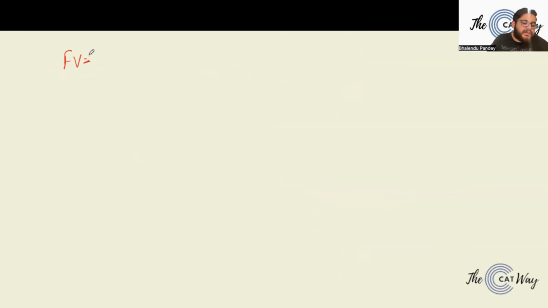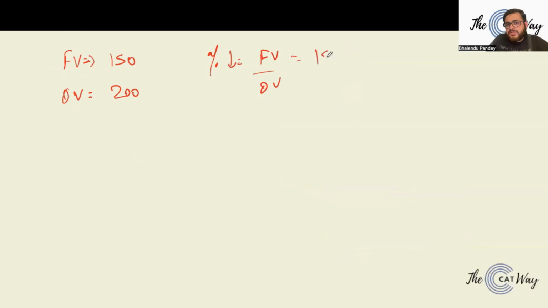Let's say my final value is equal to 150 and my original value is equal to 200. So to calculate the percentage decrease, what you can do is final value by original value. That's the only thing you are required to do. Final value is 150, original value is 200. You want to go via fraction?